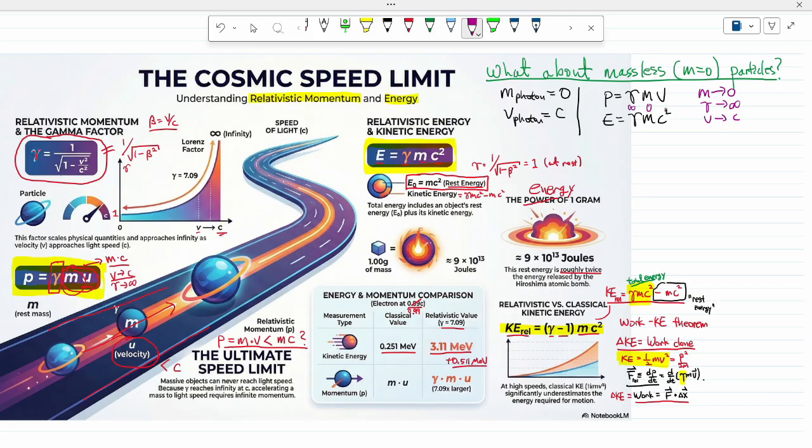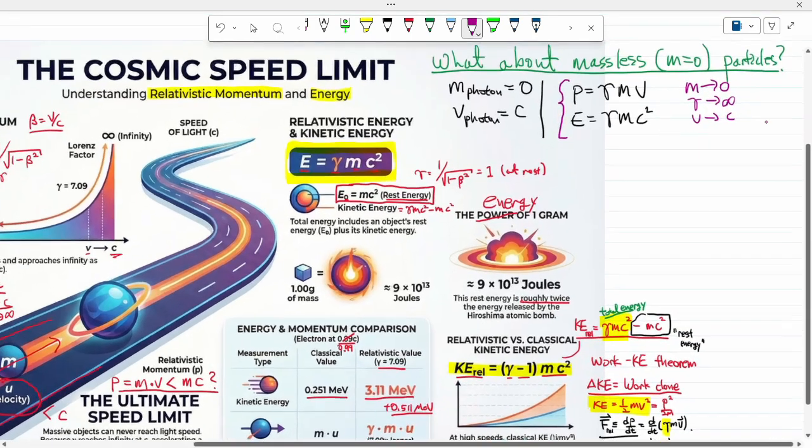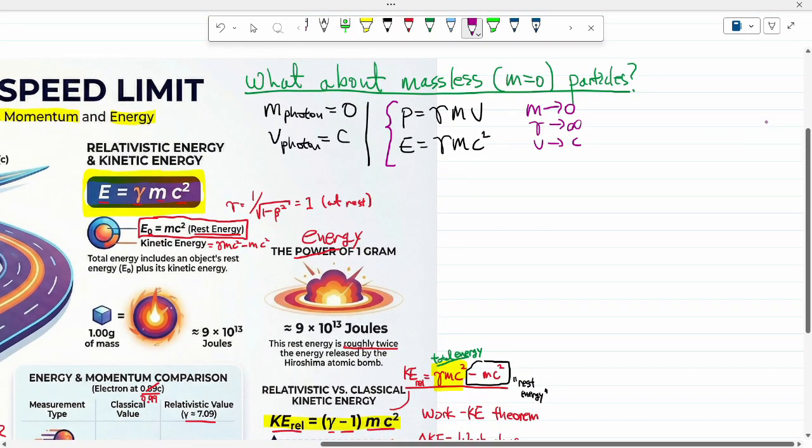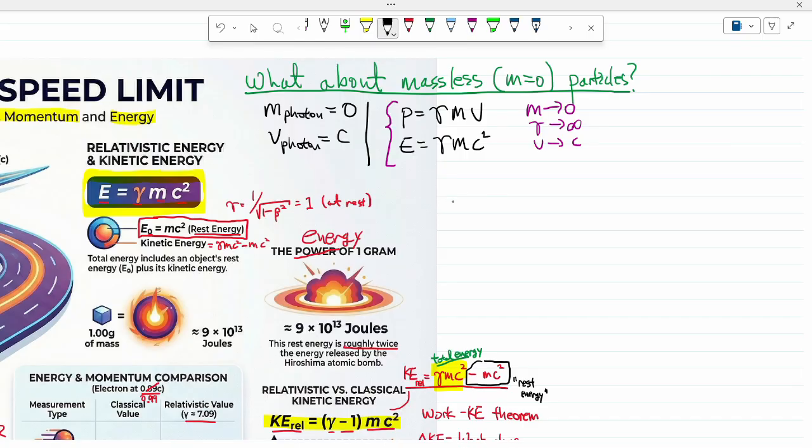So I want to show you a slightly different expression that is still equivalent to this, and this particular relationship will continue to hold for massless particles like a photon. It takes a little bit of algebra, but I don't think it's too much, so let me write it out. I want to calculate this combination, which is E squared minus (pc) squared.